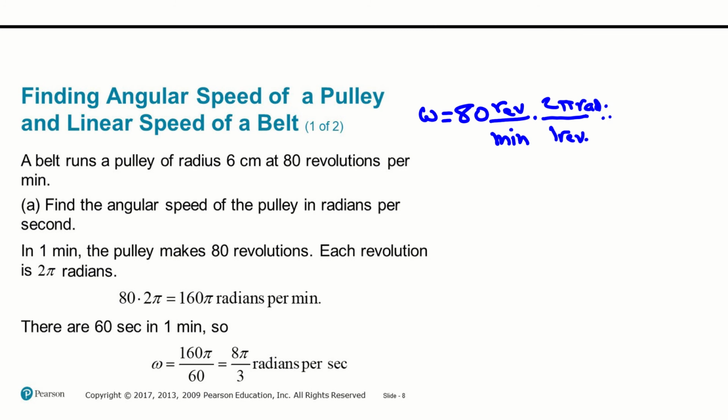And the other thing we can take care of right away as well is the minutes, because they want the answer in radians per second, and this one is given to you in minutes. So again, we know that 1 minute corresponds to 60 seconds.